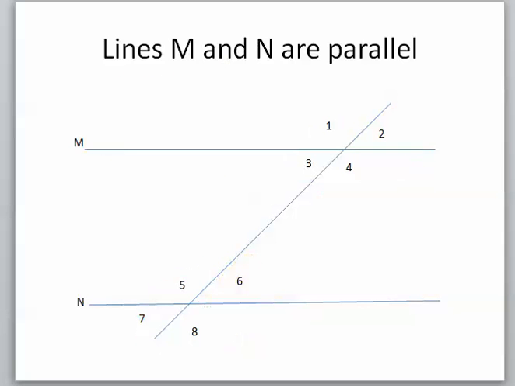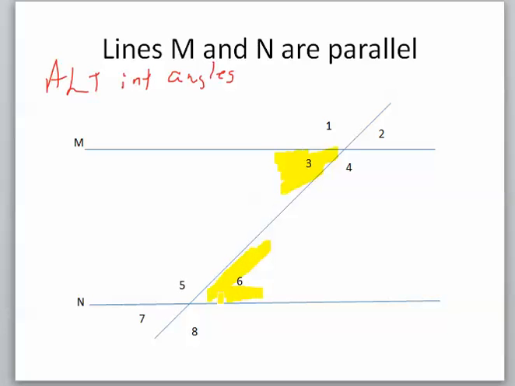Okay? If I'm looking at this and I'm looking for alternate interior angles, alternate interior angles are going to be inside of the parallel lines, inside, that's where that interior comes from, and on alternate sides of the transversal.